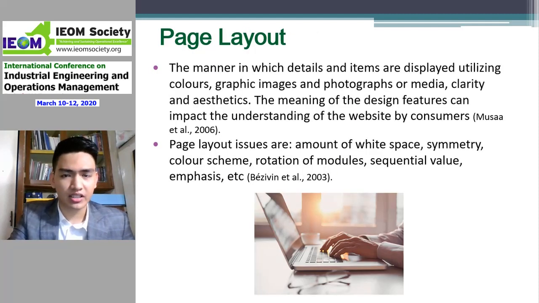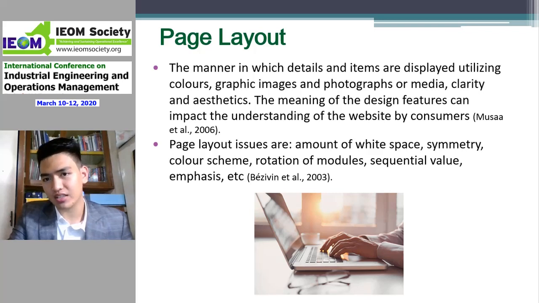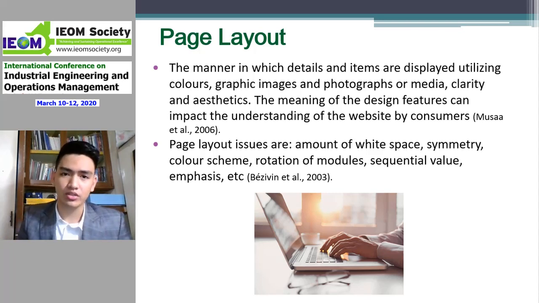A review of related literature was conducted to identify and analyze several design factors that can be utilized to improve usability based on the conceptual logic and evidence from the previous studies. First, we have the page layout. Each of the design factors consists of sub-design factors, which indicate the specifics on how a certain factor can be improved.